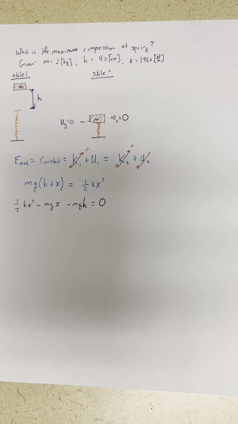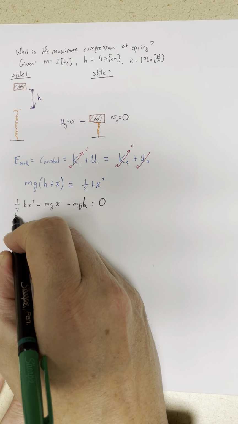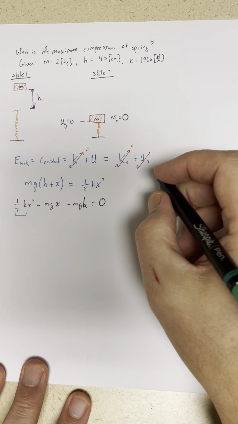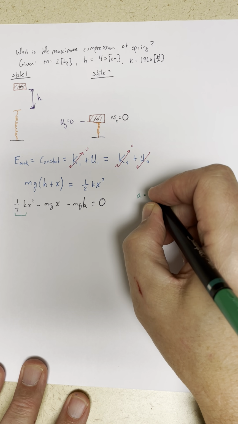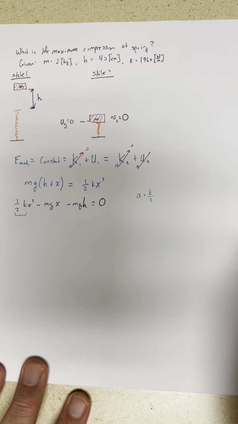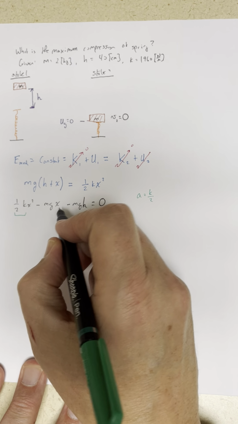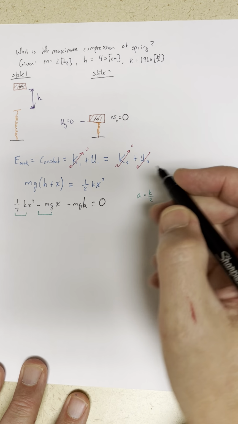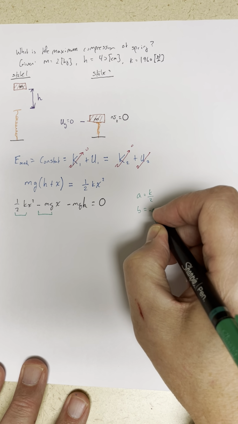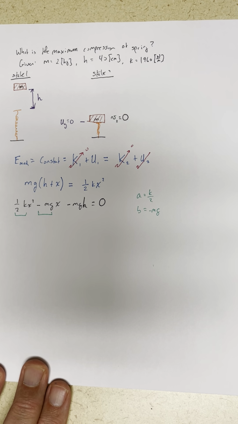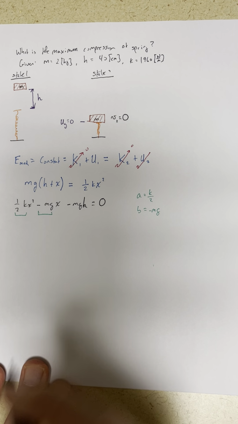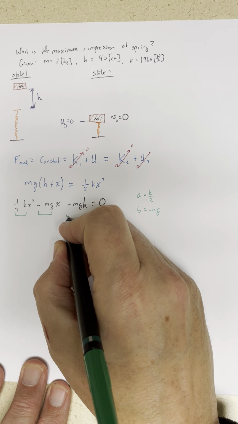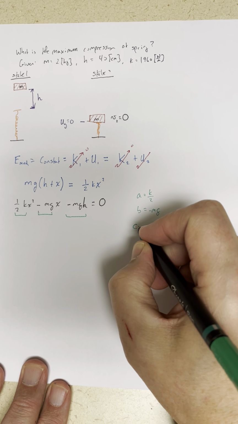All right, and looking at those terms, there is our a, b, and c in the quadratic equation. A is going to be k over 2. B is going to be minus mg. And then C is all of that, minus mgh.